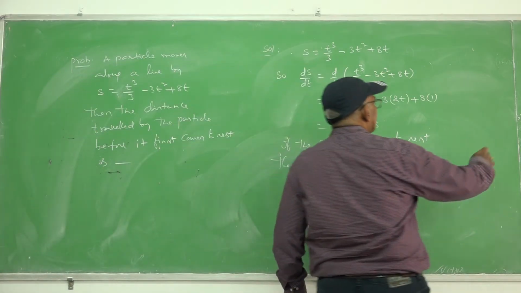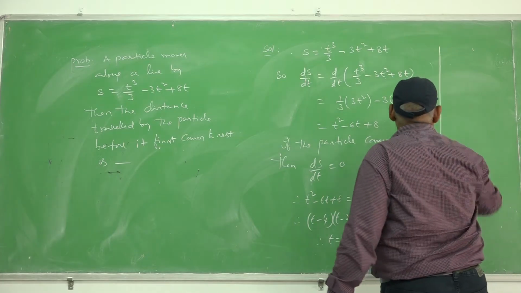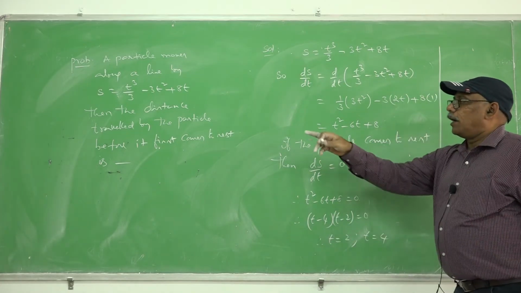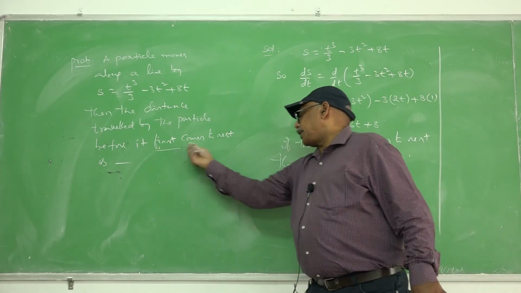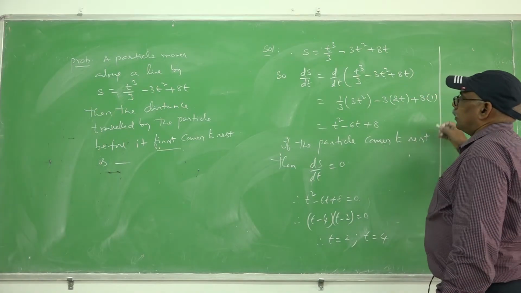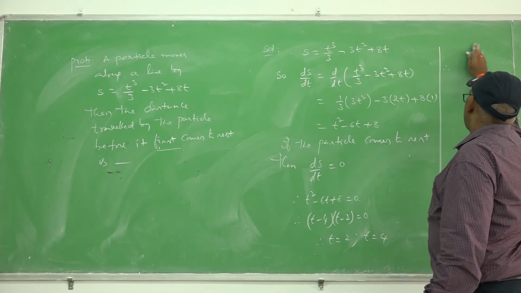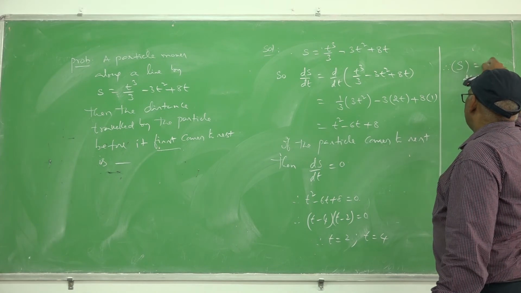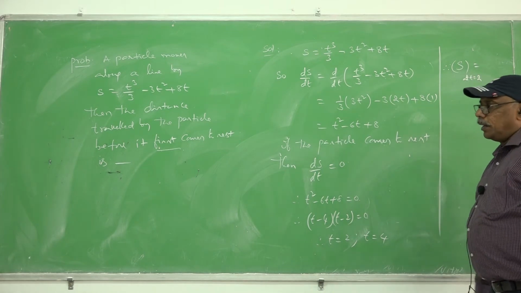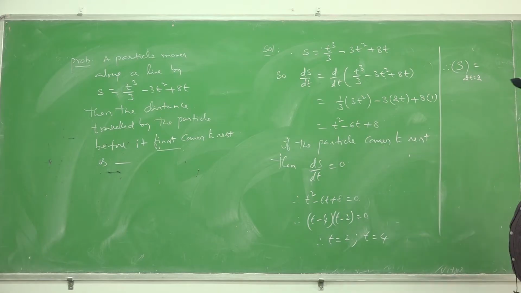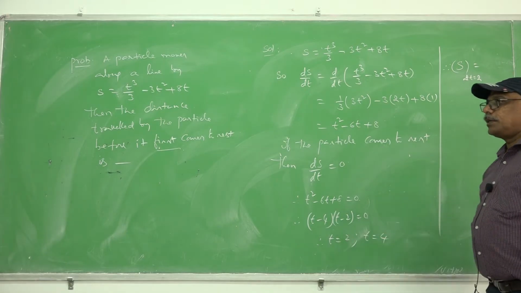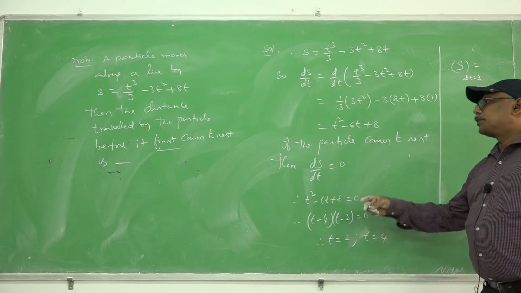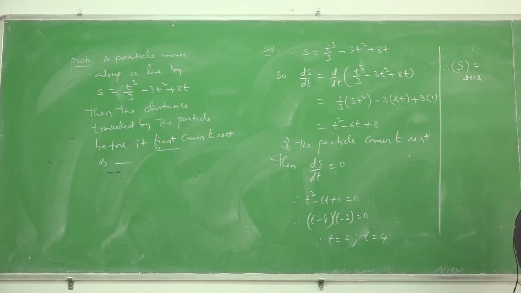So the distance covered at first means at t equal to 2. After initially t equal to 0, the first position where the particle comes to rest is obtained for t equal to 2 itself.